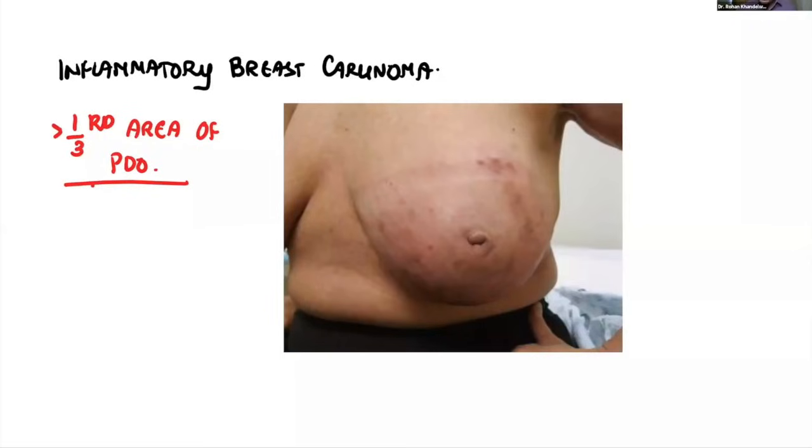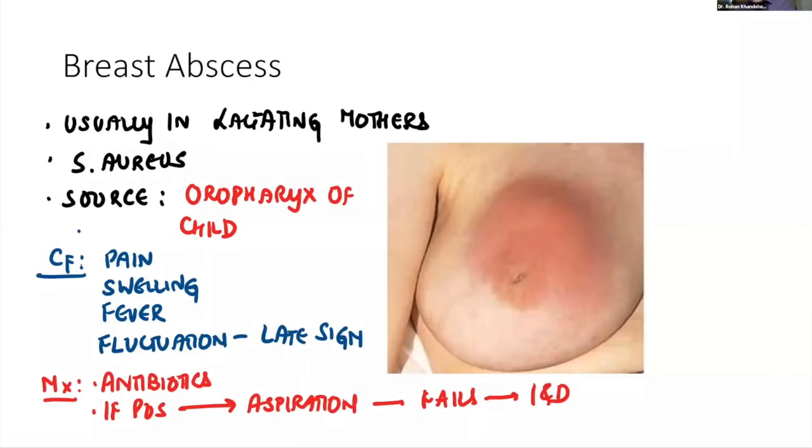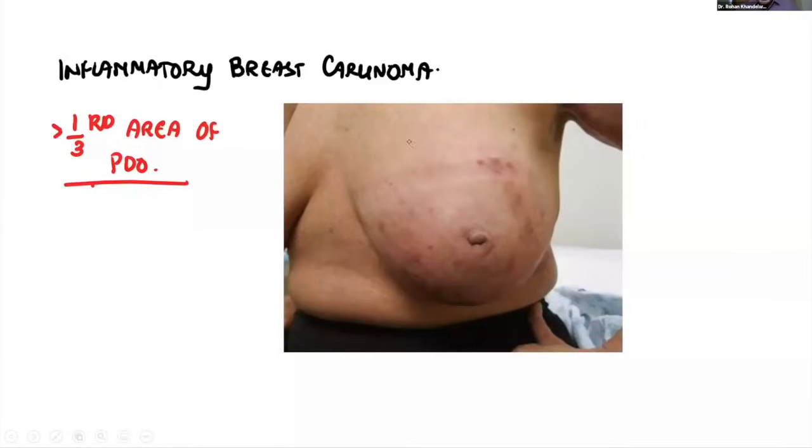So I hope you can differentiate between the two. This was an abscess. It will be typically seen in lactating mothers, right? Whereas this one, non-lactating, it is inflammatory breast carcinoma, and this is T4D.